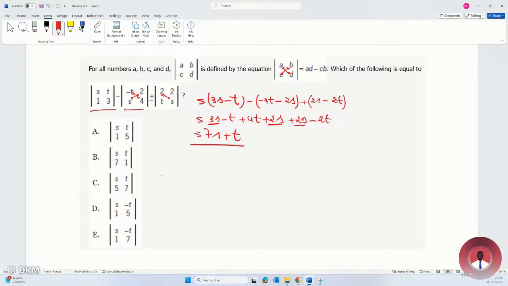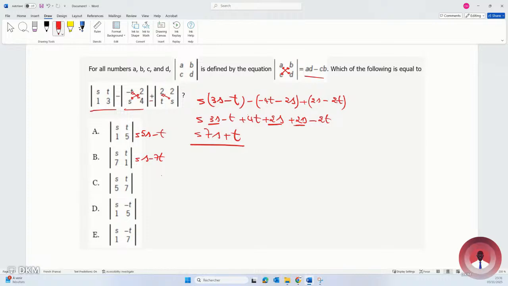So now we have this answer, and we are going to check whether any of the answer choices here is equal to this. Not sure, that's not it. If we apply this definition, this will give us 5s minus t. That's not it, here we have 7s. Here will give us s minus 7t.